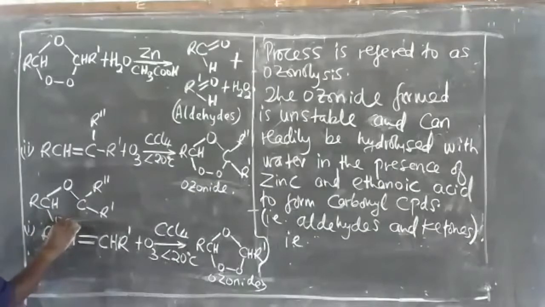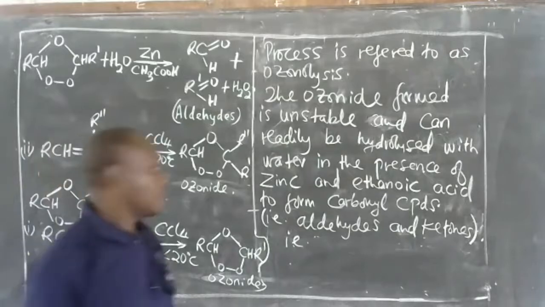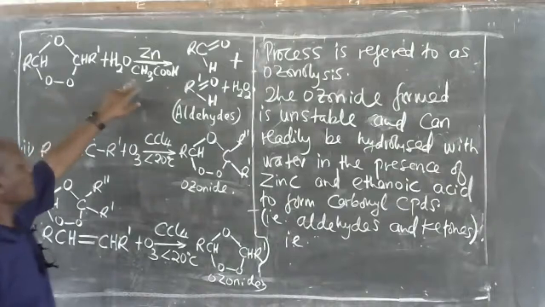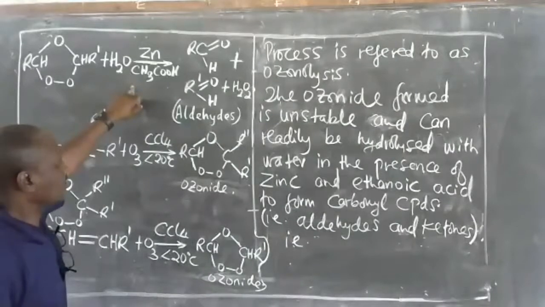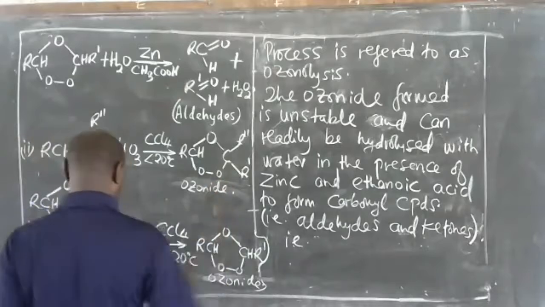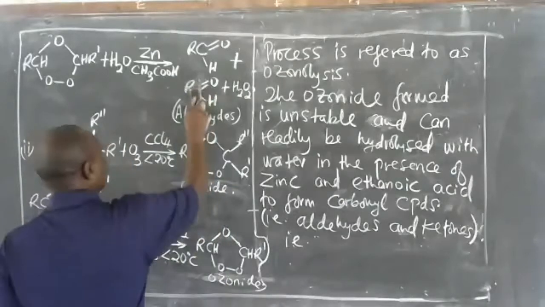Teacher, on the first example, on the R prime aldehyde, isn't there supposed to be a carbon? There's supposed to be a carbon here.